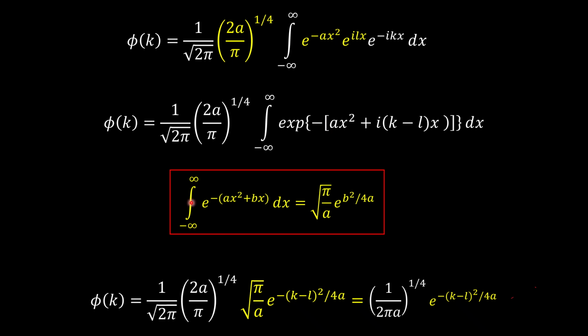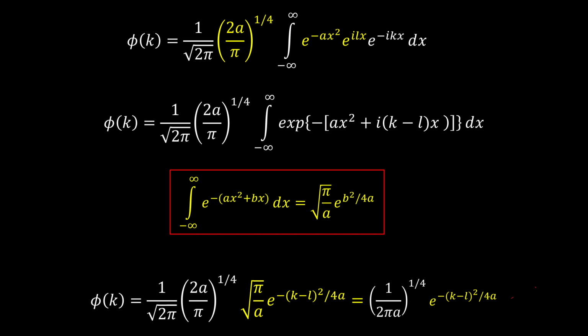Now we have seen in detail in my lecture on solving problem 2.21 that this is a Gaussian integral. If the integral is of the form from minus infinity to plus infinity, e power minus a x squared plus p x dx, it will be square root of pi over a e power p squared over 4a.